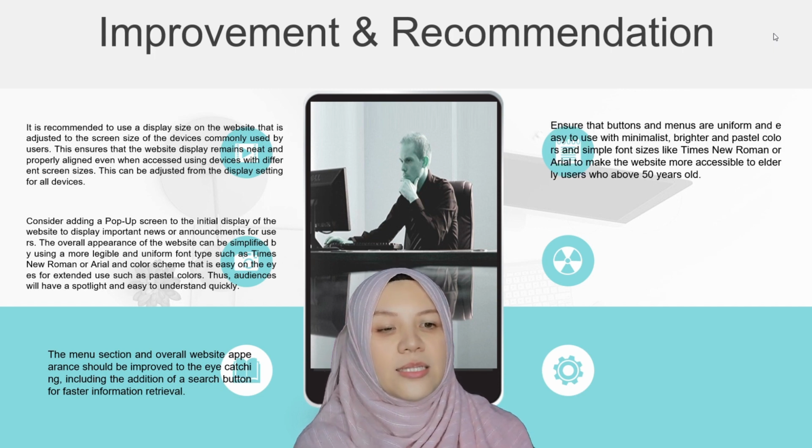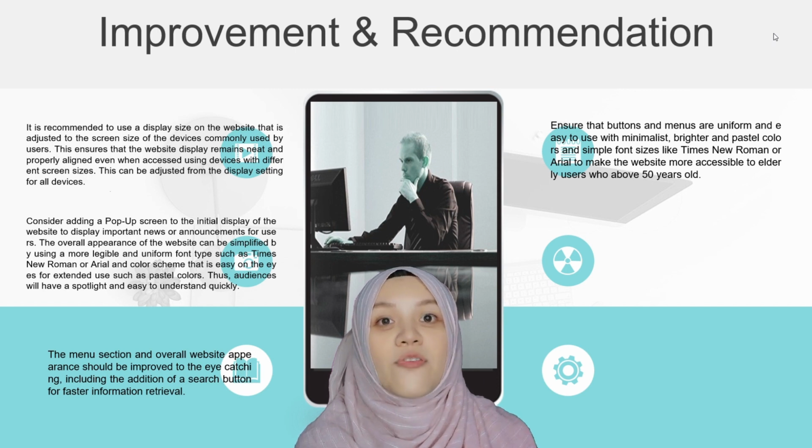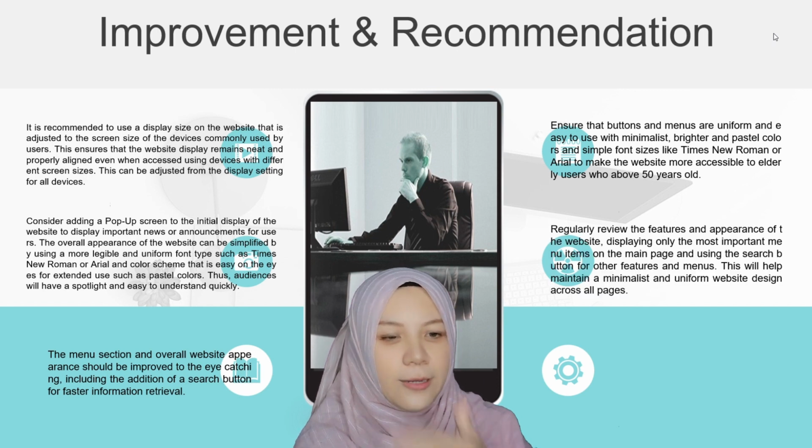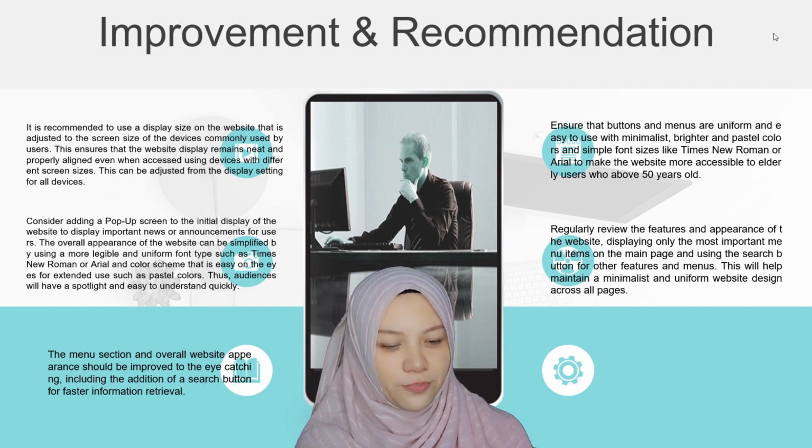Then, ensure the buttons and menus are uniform and easy to use with minimalist, brighter, and pastel colors and simple font sizes like Times New Roman or Arial to make the website more accessible to elderly users above 50 years old. Then, there should be a regular review of the features and appearance of the website, displaying only the most important menu items on the main page and using a search button for other features and menus.